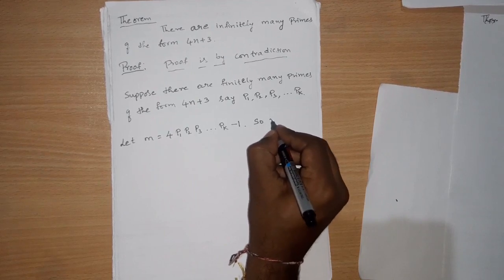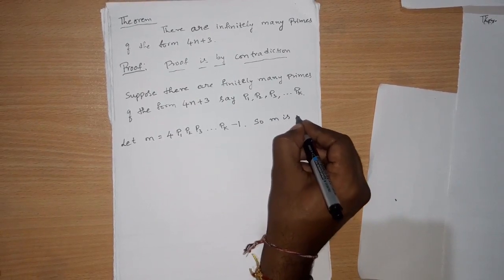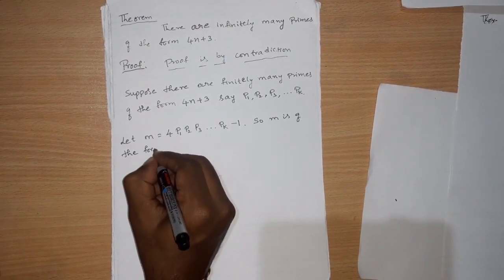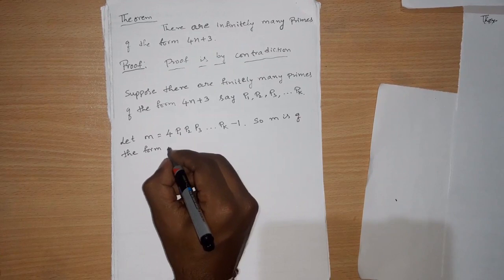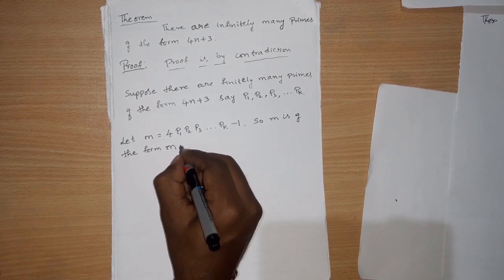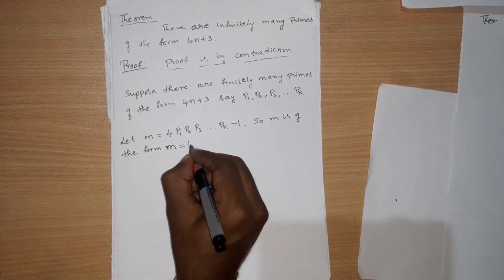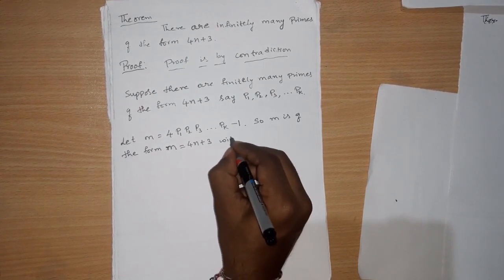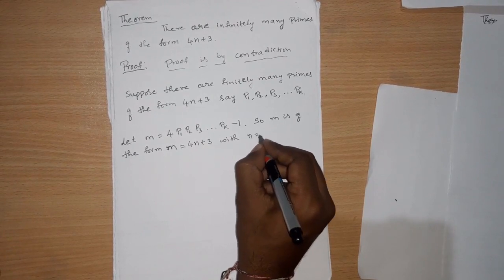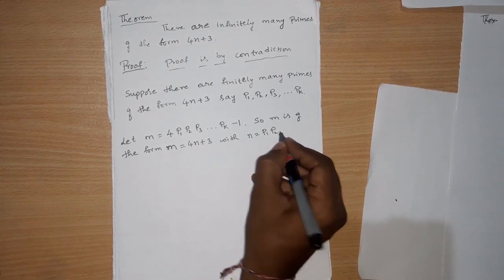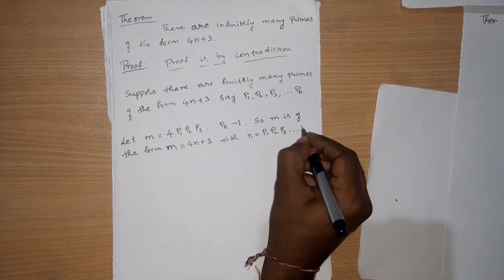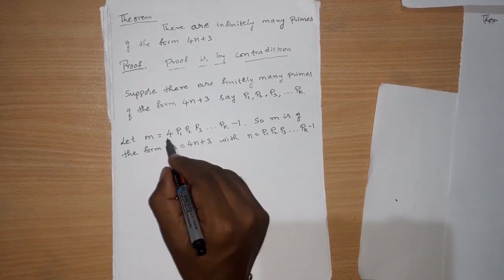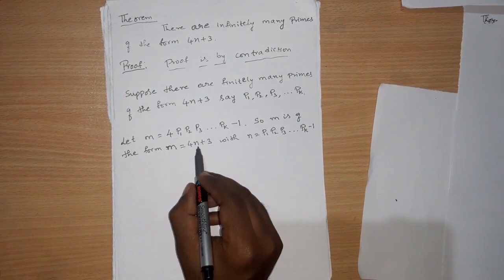So m is of the form m equals 4n plus 3 with n equals p1 p2 p3 so on pk minus 1. So this m is in 4n plus 3 form.